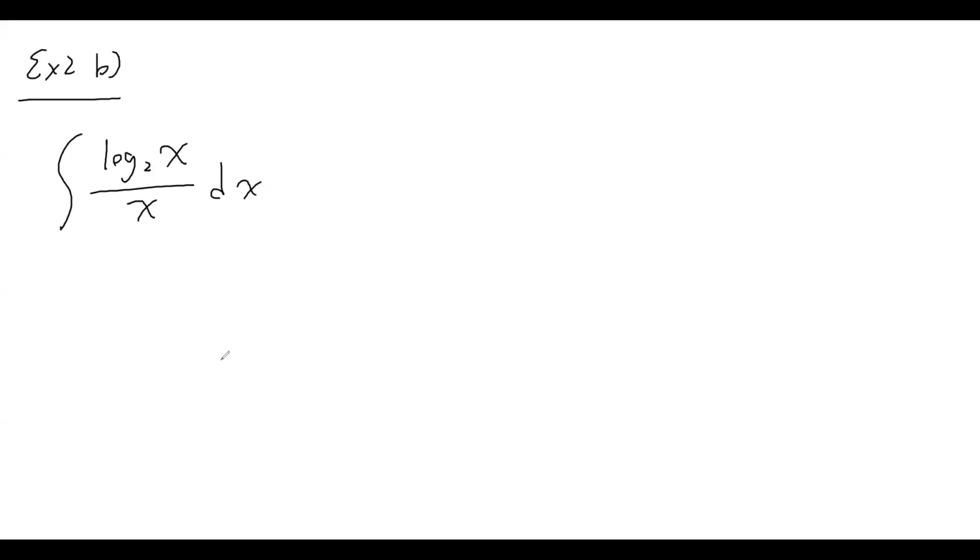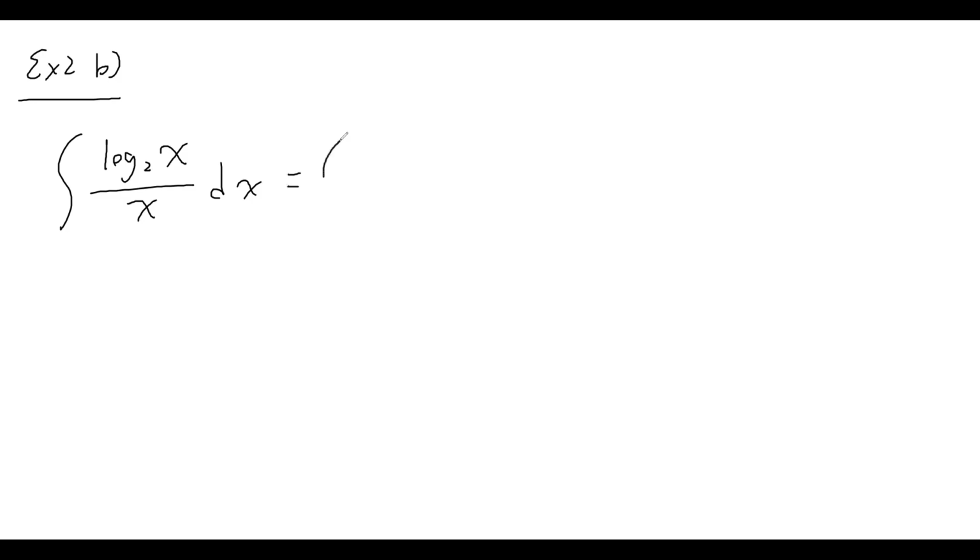All right, so for part B, we want to integrate log base 2 of x over x. Now, when you see log of some base that is not e, or when you see log that is not natural log, always apply change of base first, because that might clear things up a little bit, and then you have a better idea on how to approach these types of integrals.